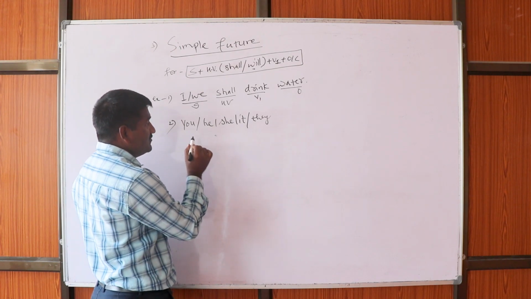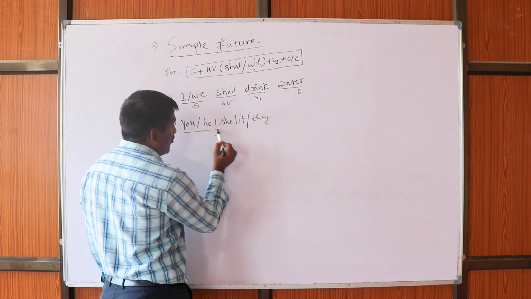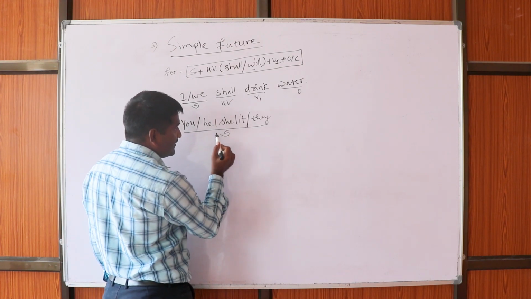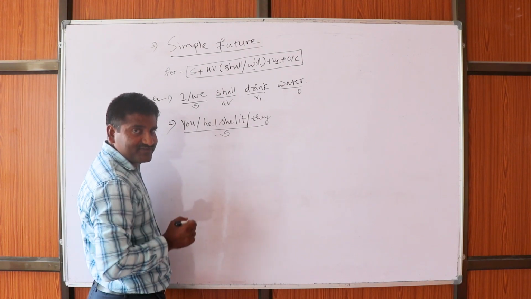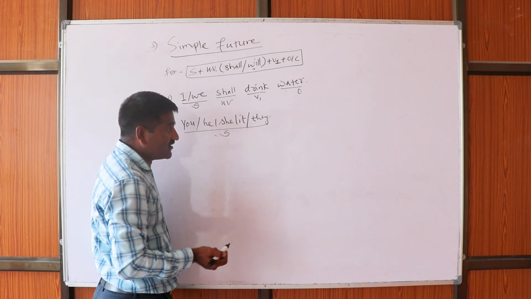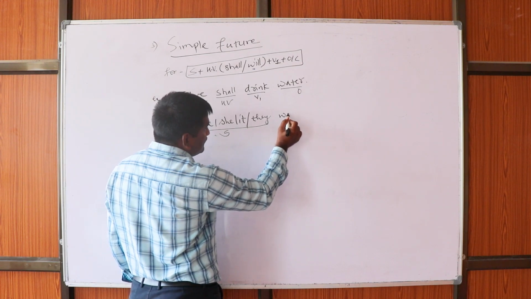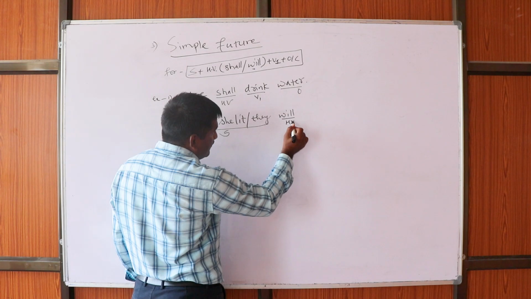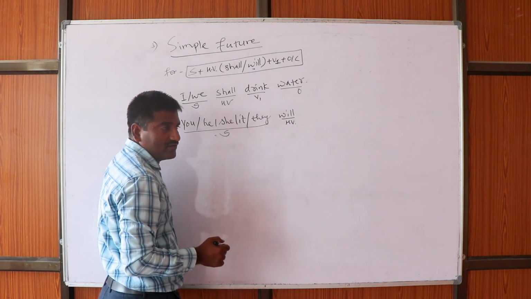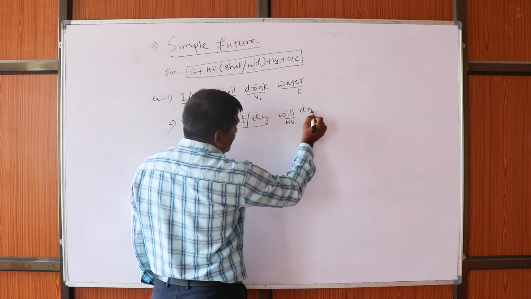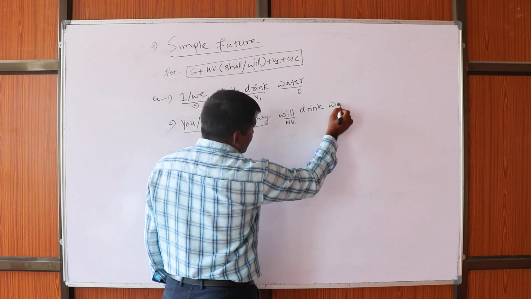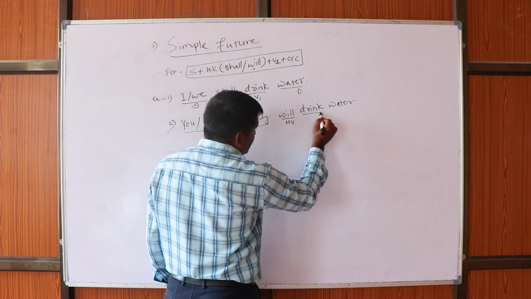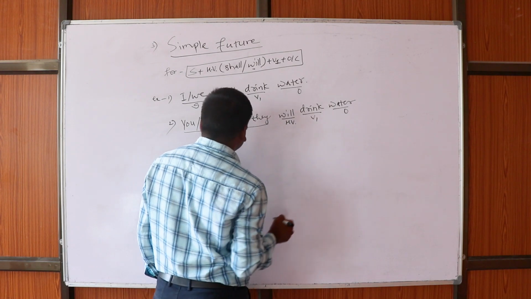These persons are called the subject in English grammar, and these persons or subjects will take the helping verb, and its name is will. Then V1 for V1 and object for object.